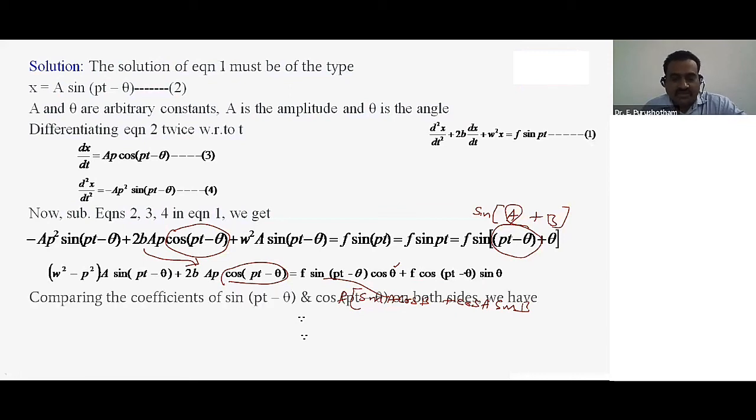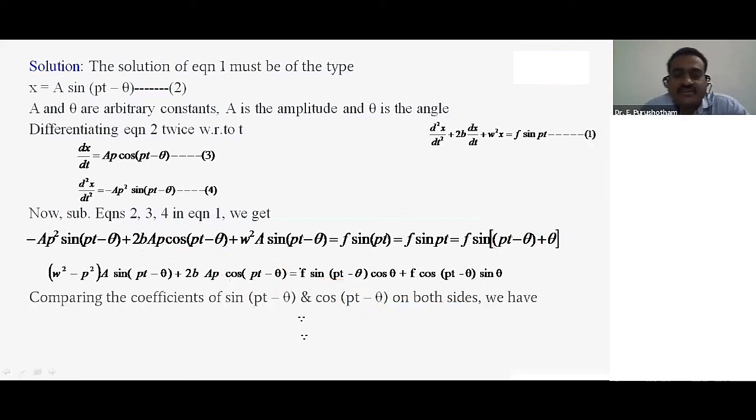Comparing the coefficients of sin(pt − θ) and cos(pt − θ) on both sides.